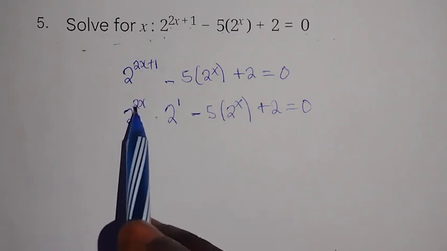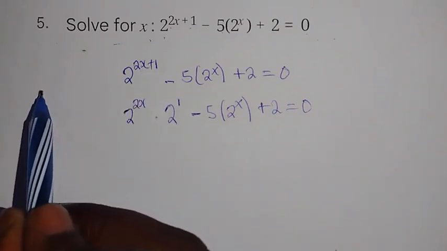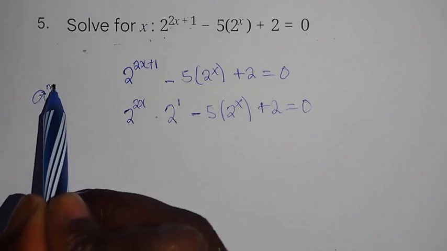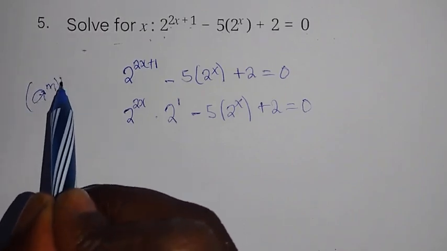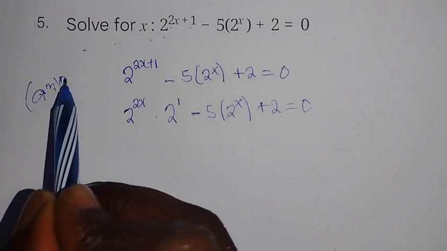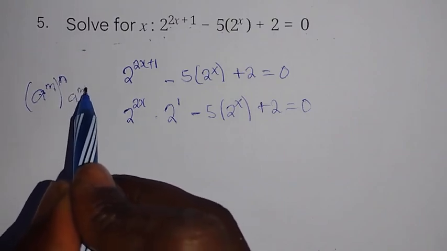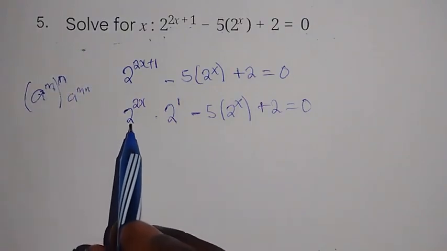Then from there, we are going to apply one of the laws of indices. If you have a power m, and you have n outside, we can multiply m times n, where we can have a power mn. So this is what I'll do to this one.